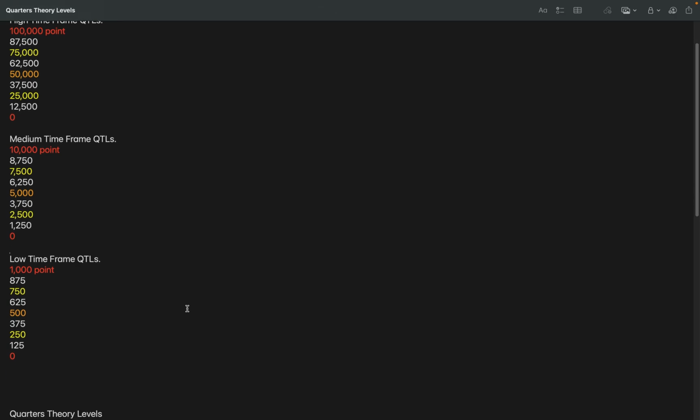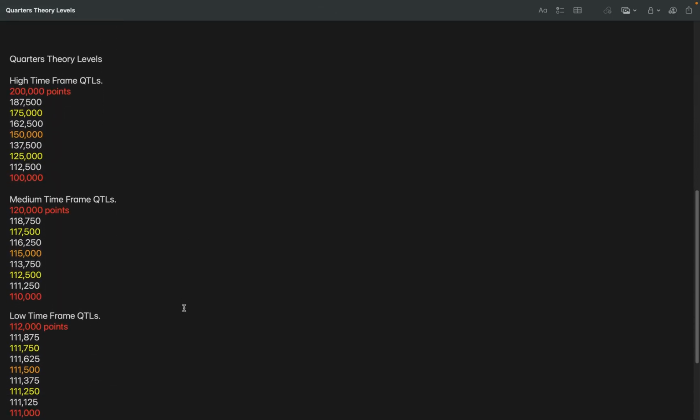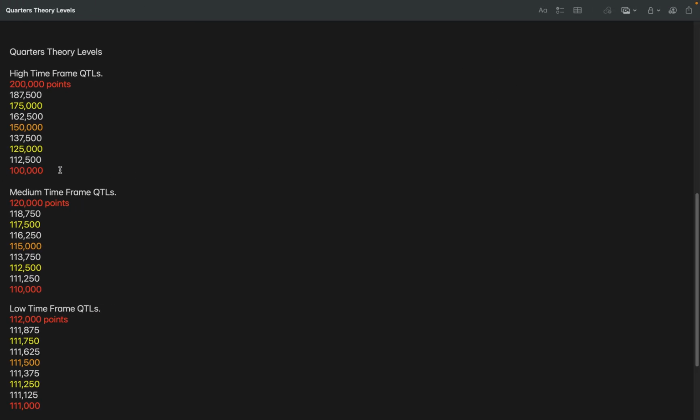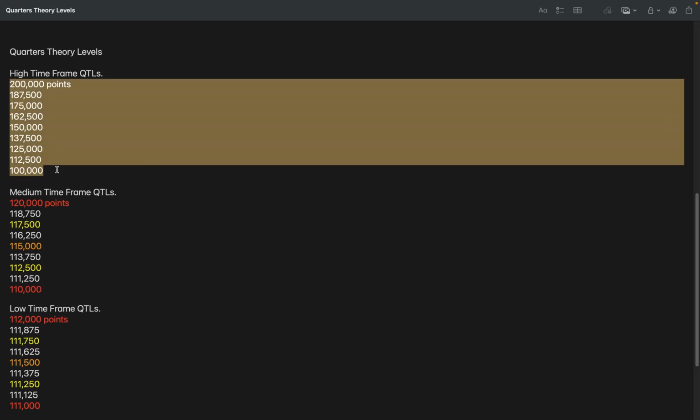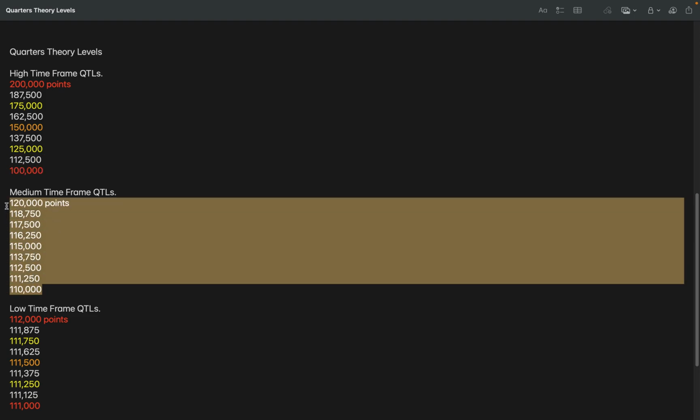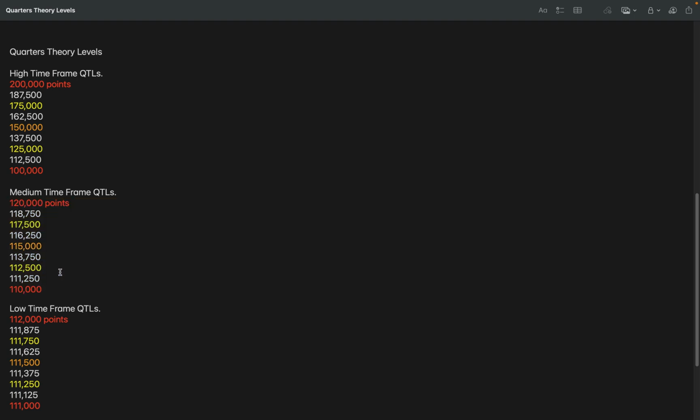In practical terms, let me look. We have this level here, 100,000 points. We're in between there and there. Then we zoom in and find this 10,000 point level between 10,000 and 20,000.